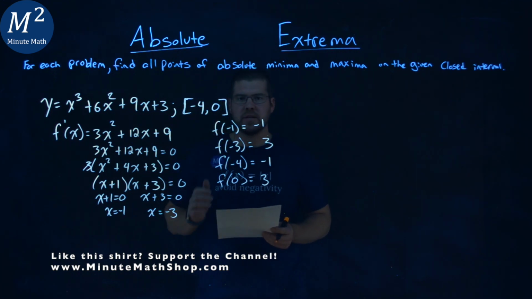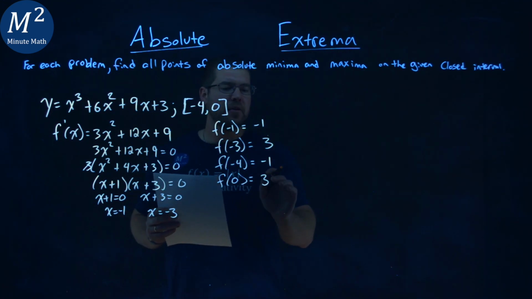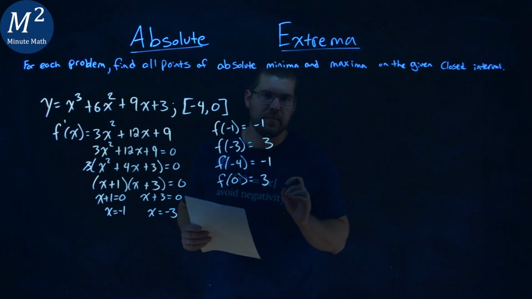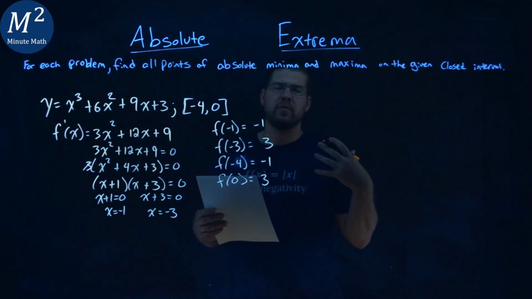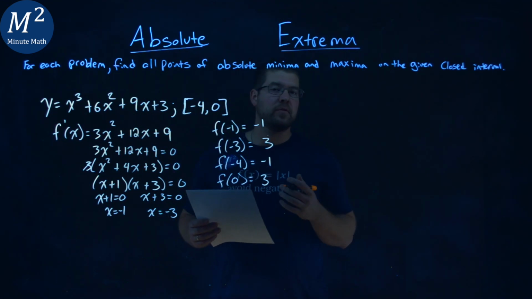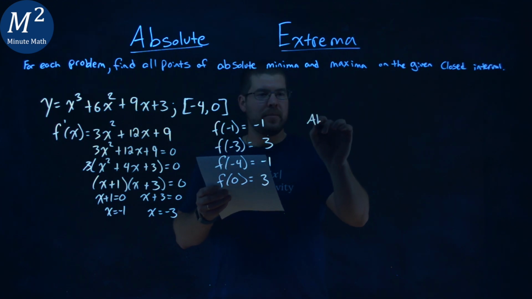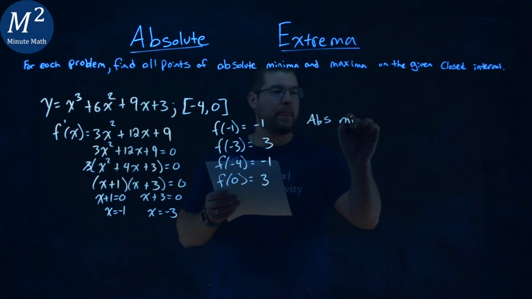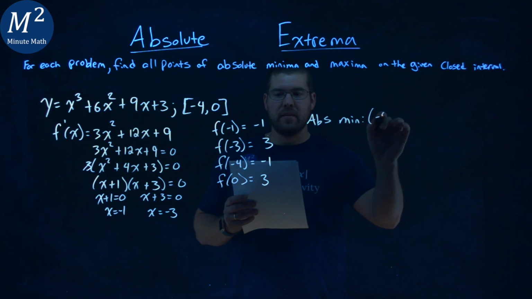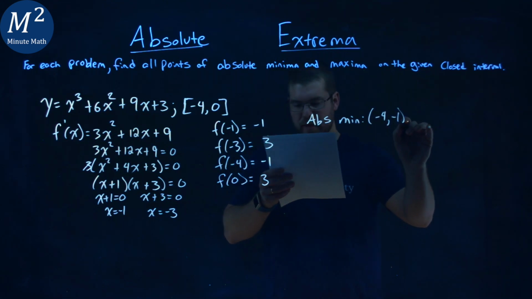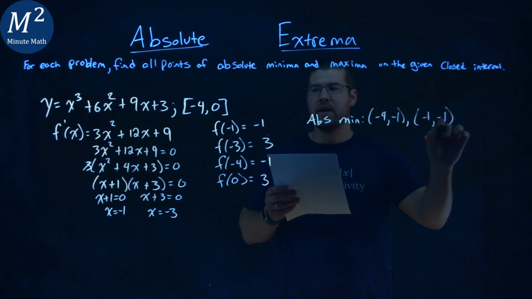Notice we have a repetition here. Our two lowest values and our two highest values are the same. And so in this case, our absolute minima and maxima have two answers for each. Our absolute minimum is at -4, -1 and -1, -1.